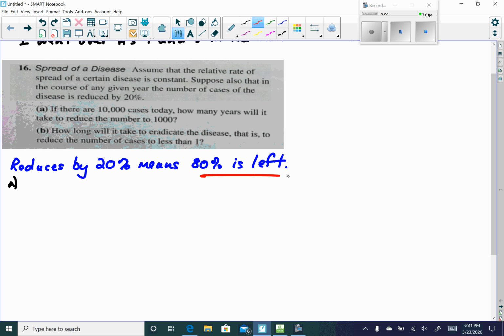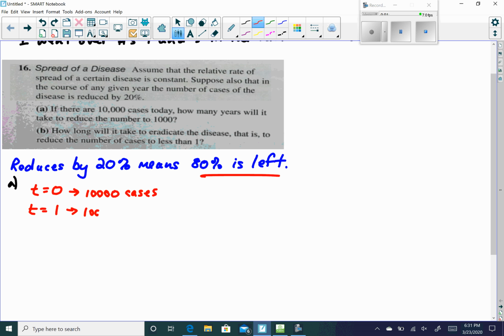We're not going to use a differential equation here like what we were using in the past. We can actually just come up with something based off of a little pattern here. So we're looking at today as the initial time. T equals 0 means that there's 10,000 cases present. For each year after, it is decreasing by 20%, which means 80% is left.